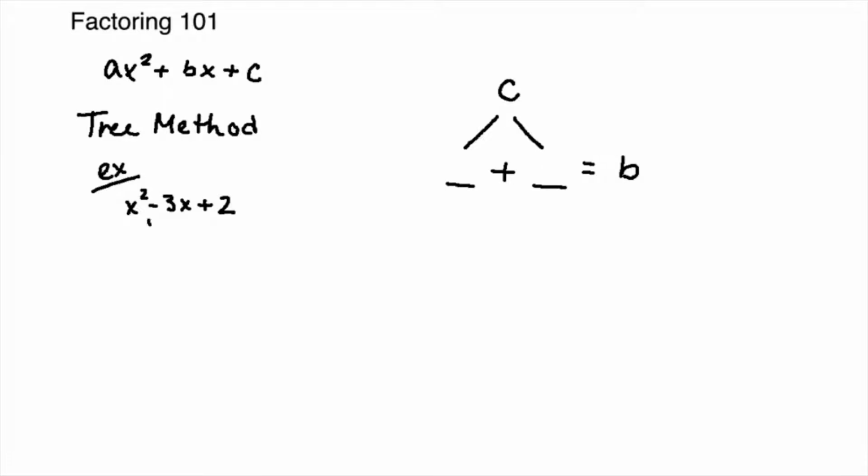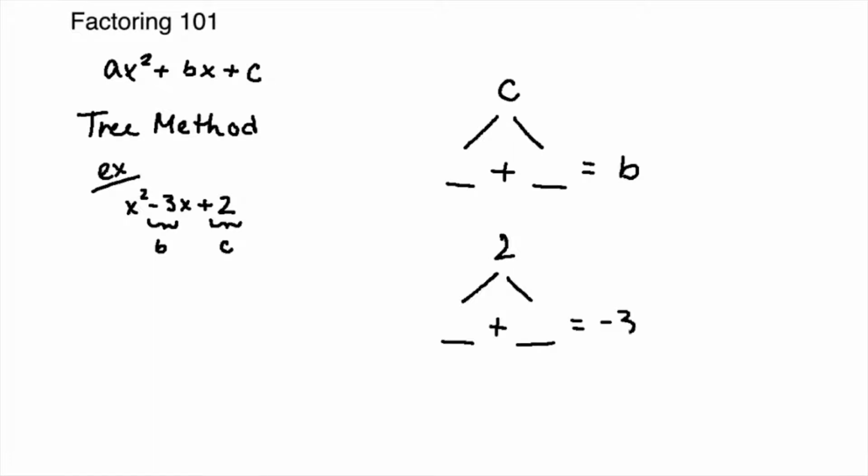So in this case, our b value is -3, and our c value is +2. So our tree should have 2, and then we don't know what these numbers are yet, but they should add to -3.